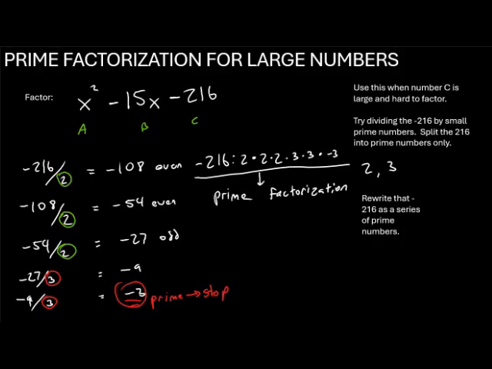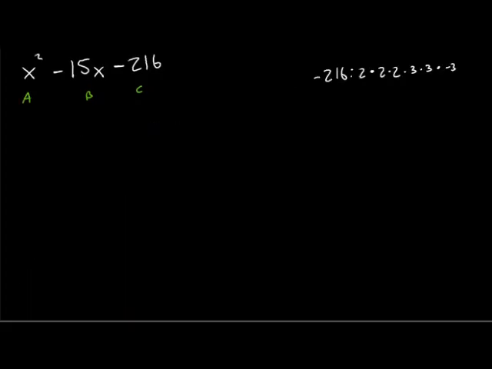We're going to use this prime factorization to figure out what numbers we could divide by in order to split that negative 216 into numbers that could potentially add to make the b-value. So once again, let's review our basic factoring techniques.